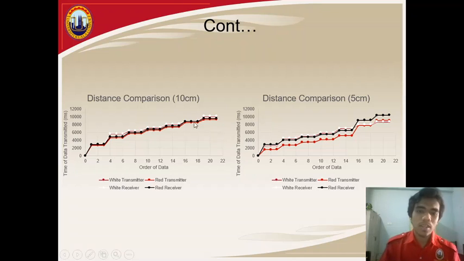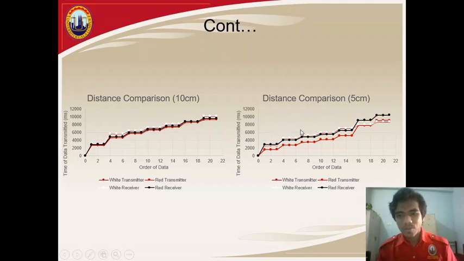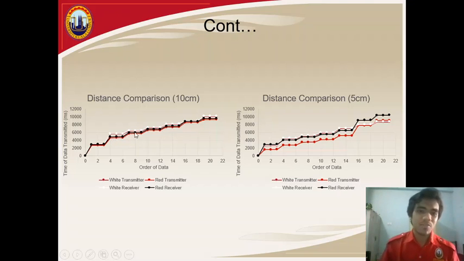Now for the 10 centimeter and 5 centimeter, we can see that I think it's really a miracle that both white and red react really fast like this.